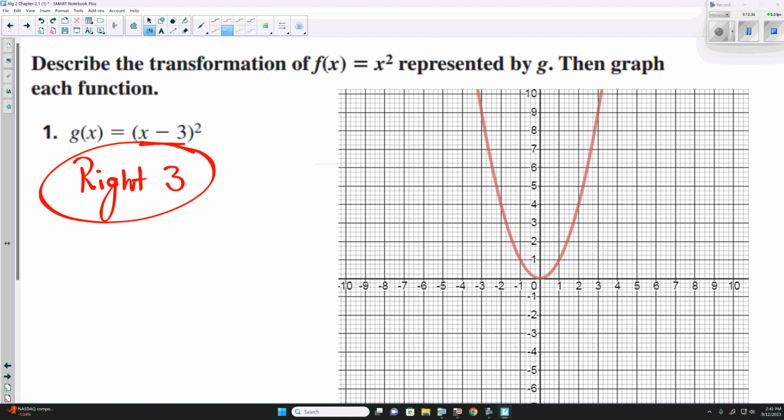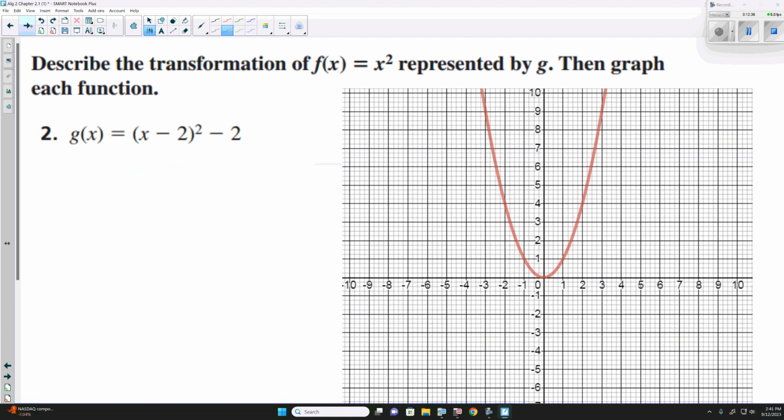Ready to see another one of these? How many transformations do we have here? 2. Because we have x minus 2 inside the parentheses and negative 2 outside. So it's right 2. Exactly. Inside the parentheses is our left or right, opposite of what we think.